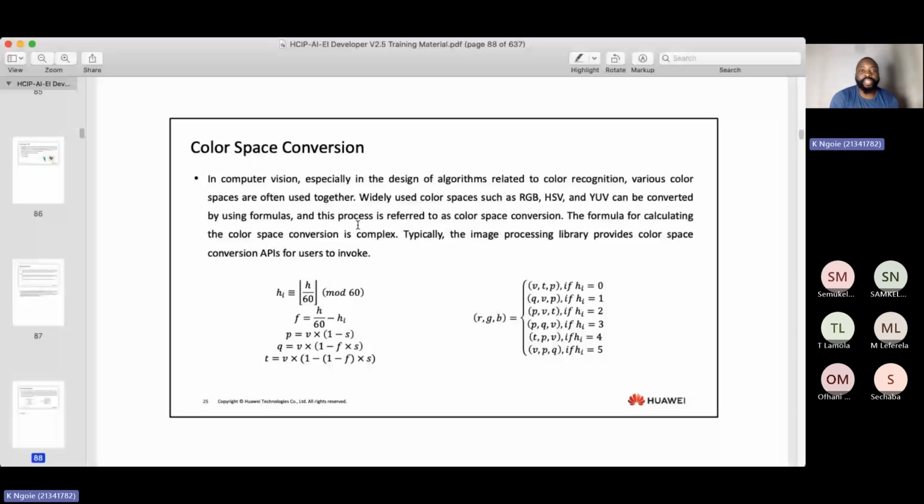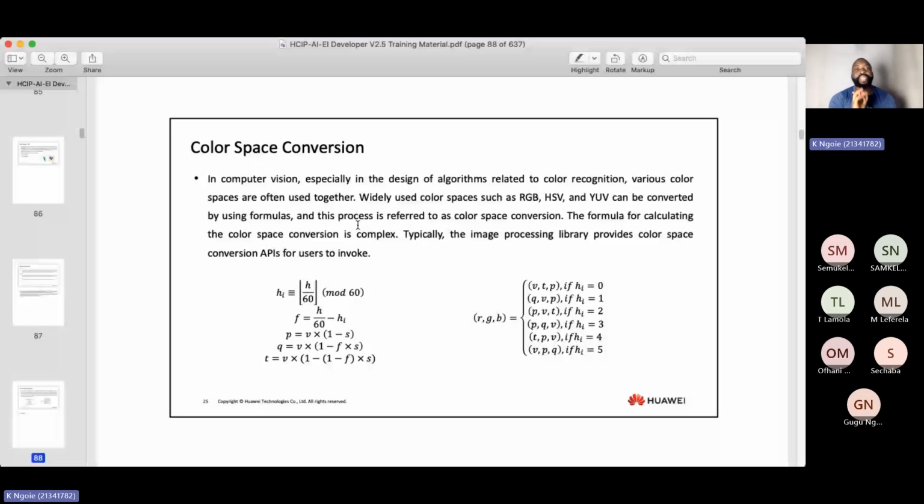Those color models, the HSV and the RGB, because you need to know that the HSV will actually separate the color type from the color intensity. So you have your saturation, your brightness, you understand?